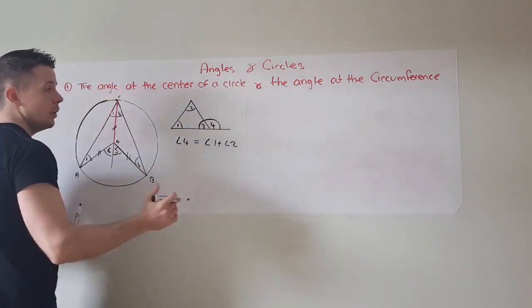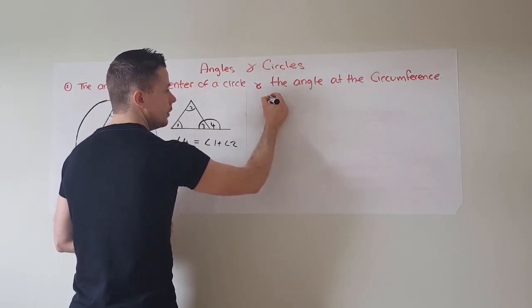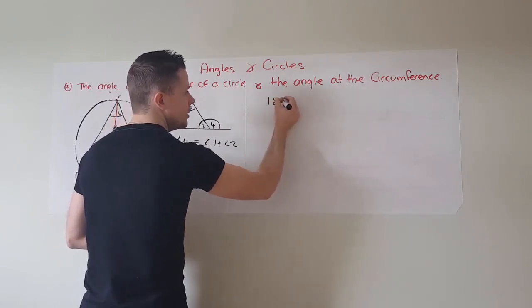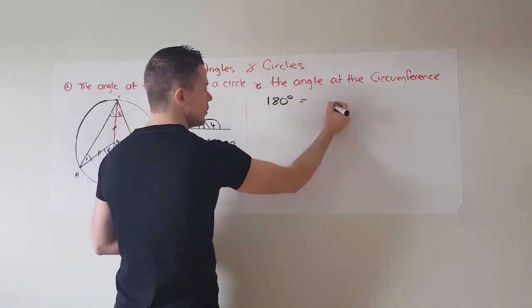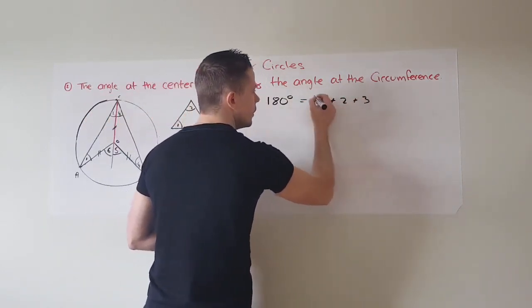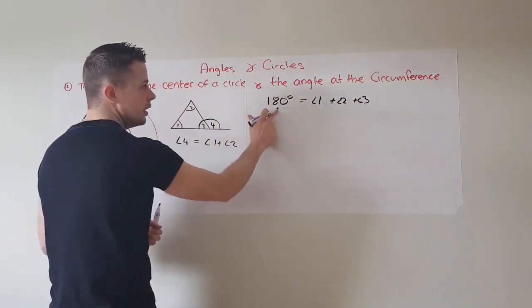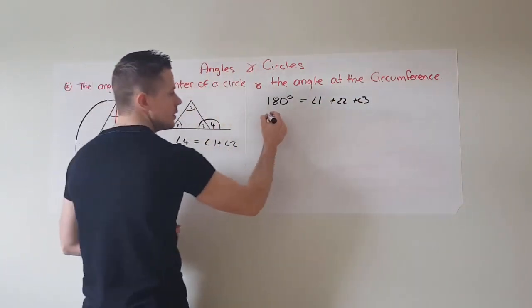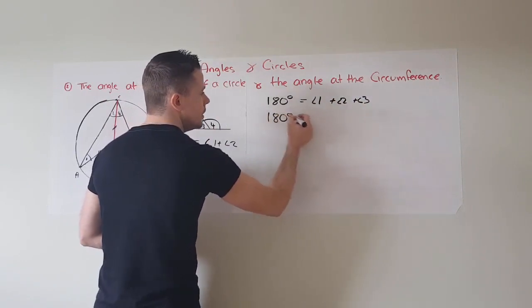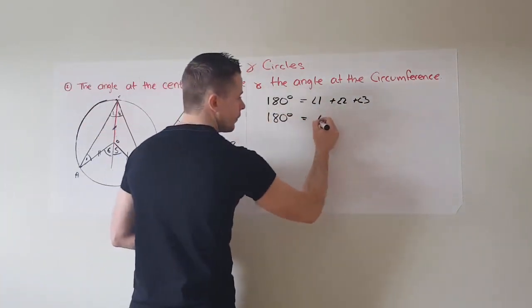We know that the angles of a triangle add to 180 degrees, so angle 1 plus 2 plus 3 gives us 180. We also know that 180 degrees is a straight line, so that is angle 3 plus 4.